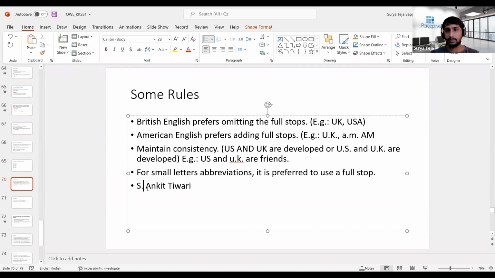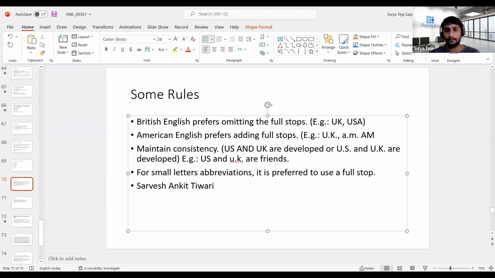So S with a full stop gives an indication to the reader that S is a short form. In common English practice it conveys that the person has shortened the name, the surname. So when we write it in full form, there is no need of adding a full stop in the surname. Usually people add full stops in schools and so on, but it is actually not the right practice.